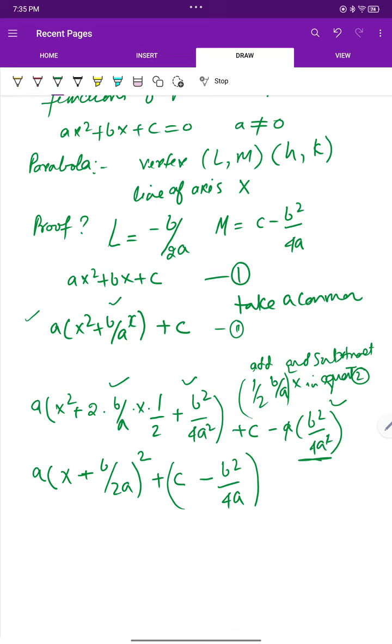If you do the simplification, we get the value of L or H equal to −b/2a, with any abbreviation you want, and the K or M value is c − b²/4a.